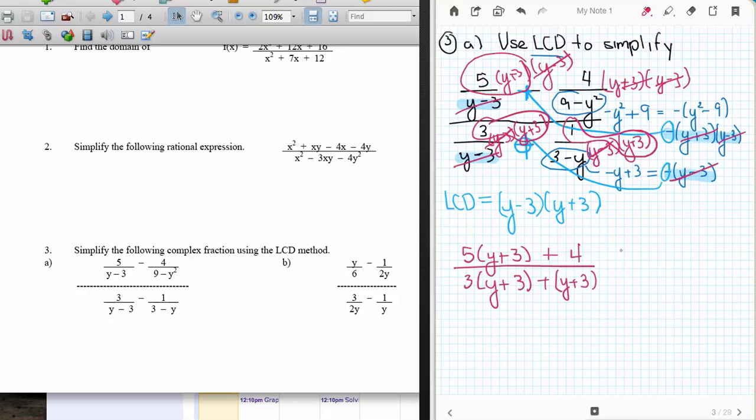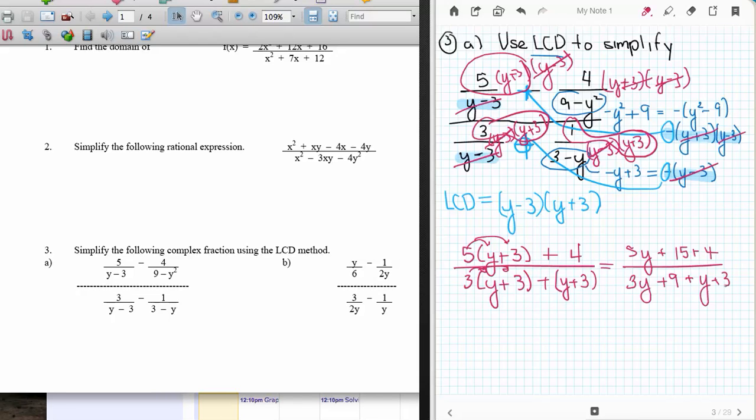All right, now I need to expand this numerator out. So the 5's going to distribute here and here, so I'm going to get 5y plus 15 and then plus 4. And then in the bottom, the 3 is going to distribute out, so I'll get 3y plus 9 plus y plus 3.